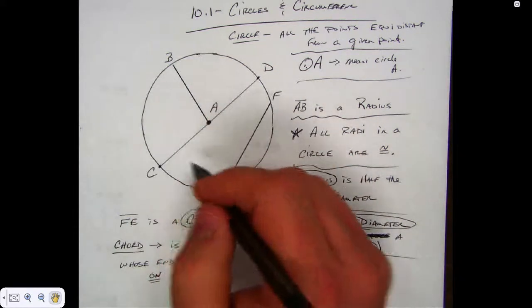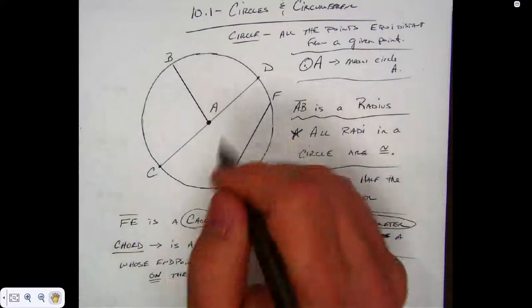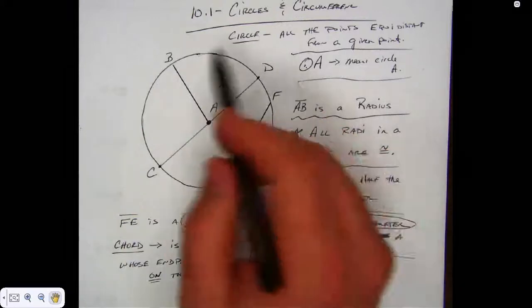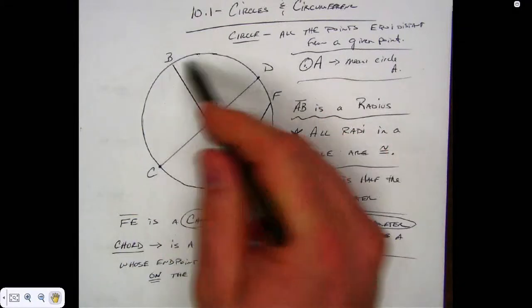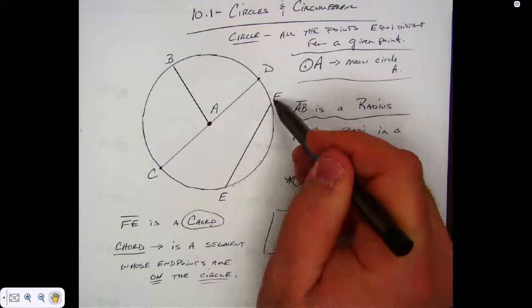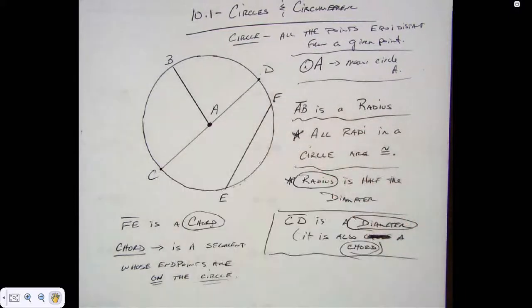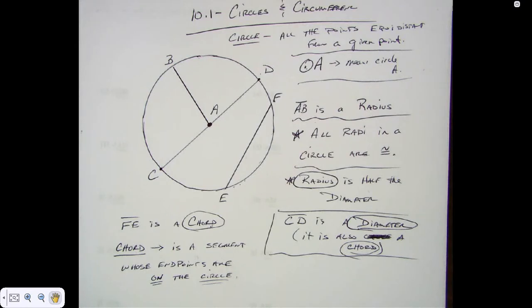Outside, does that make sense? So the only ones on the circle are what? B, D, F, E, C. C. The only one, what's the point inside the circle? That's the only point we have drawn there that's inside the circle, that we have labeled at least. Does that make sense? We have to be able to know the terms, or when we speak and define things in the future, when things get a little more complicated, we're really going to struggle.